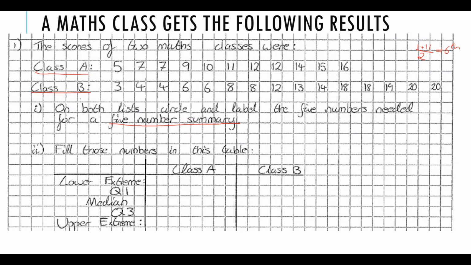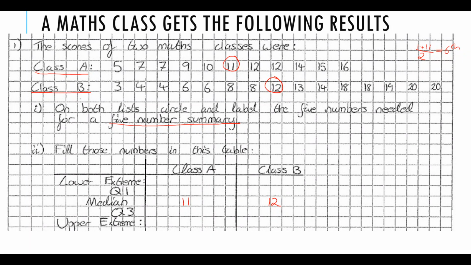If you count the pieces of data from the left to the right until you get the 6th, you'll find that 11 is the median. If you do a similar thing for Class B, you'll find it's the 8th piece of data, and 12 is the median. So let's write those in below, 11 and 12.